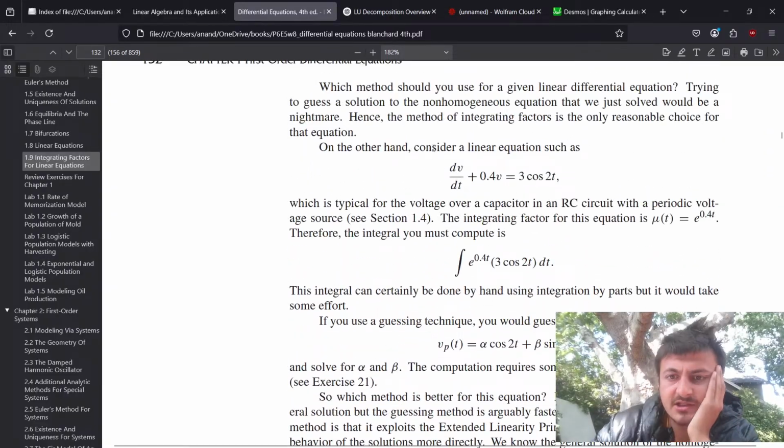Okay. On the other hand, consider v prime plus 0.4v is equal to 3 cos 2t.